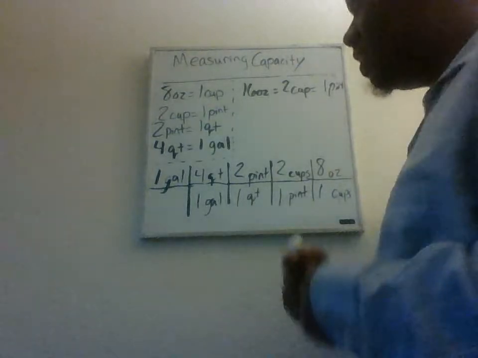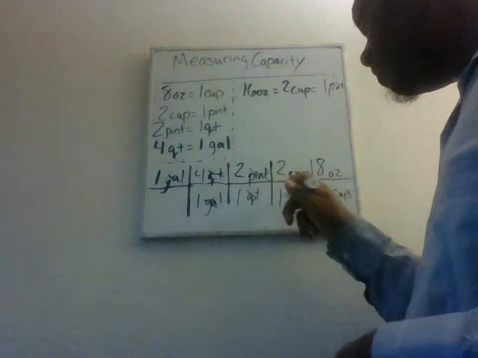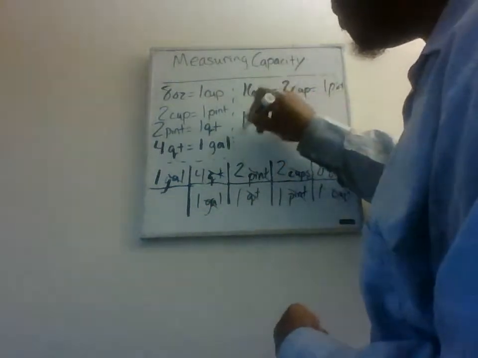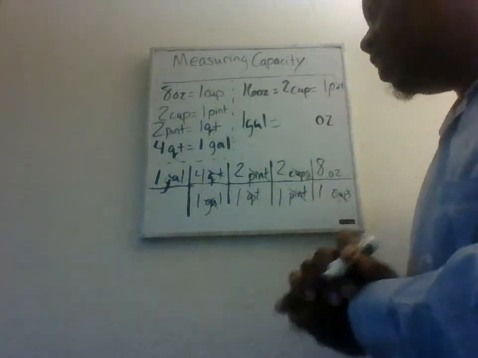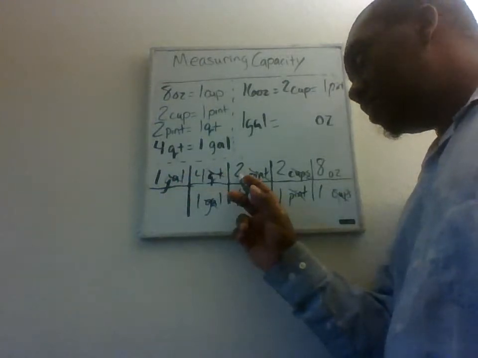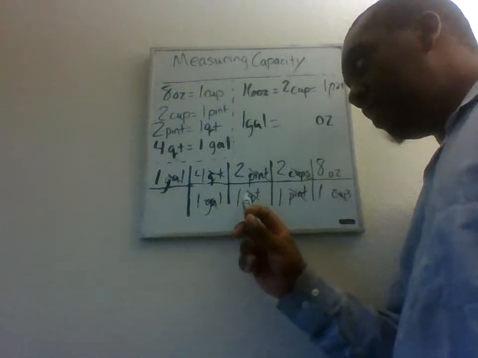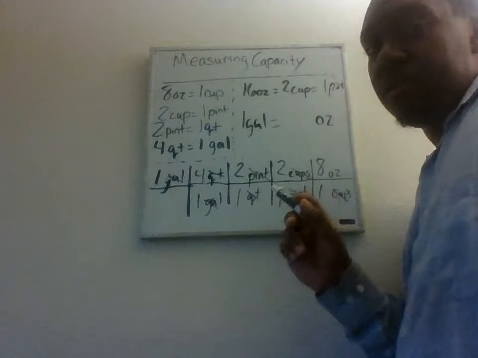So if we were to do this dimensional analysis, our gallons will go away, our quarts will go away, our pints will go away, our cups will go away, and we'd be left with ounces. So 1 gallon is going to equal how many ounces? That's what we're looking for. Well, we get 1 times 4 times 2 times 2 times 8, divided by 1, divided by 1, divided by 1, divided by 1. So that last part won't even matter.